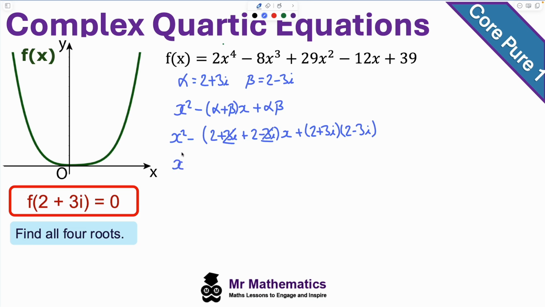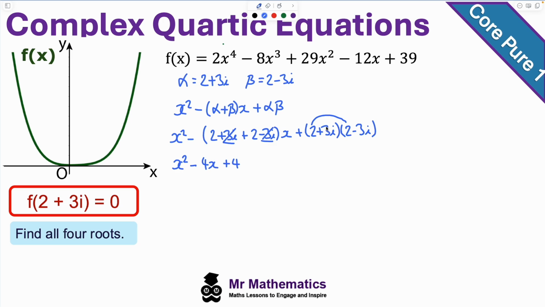So the quadratic factor will be x squared, 2 add 2 is 4, so 4x. And then for alpha beta, we'll have 2 times 2. The 2 times the minus 3i, and the 3i times 2 will both cancel.